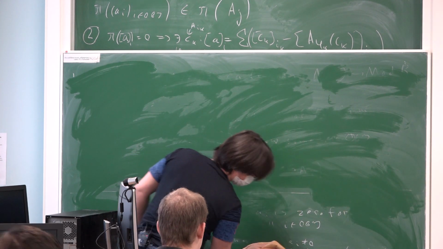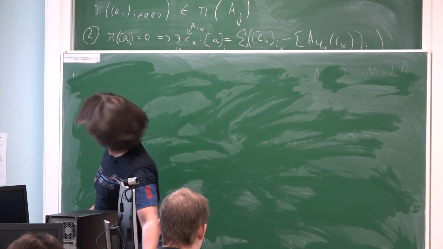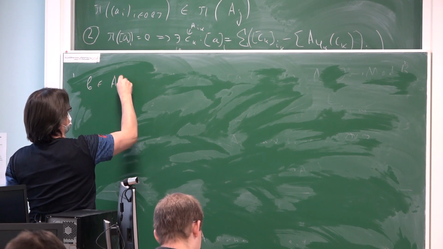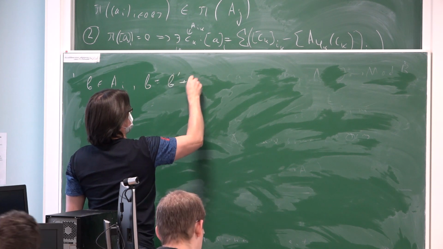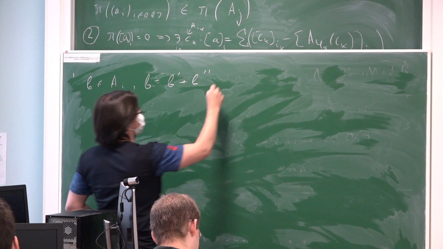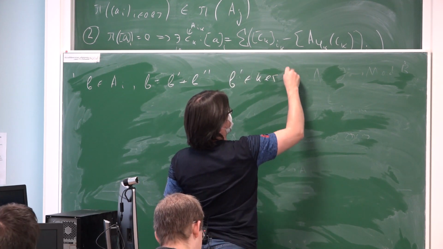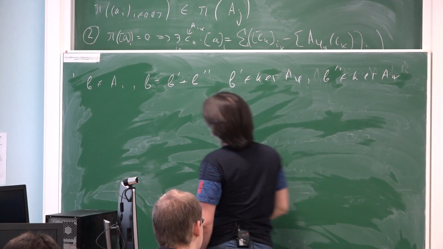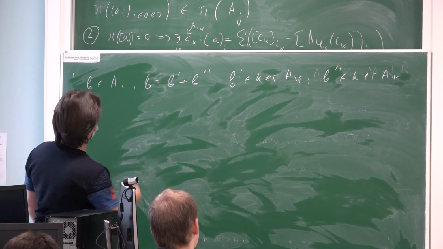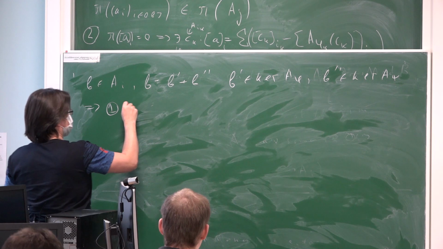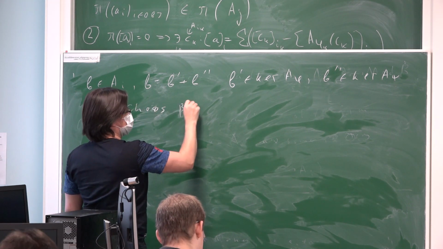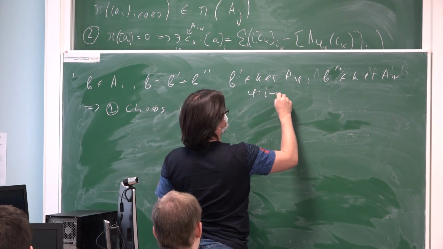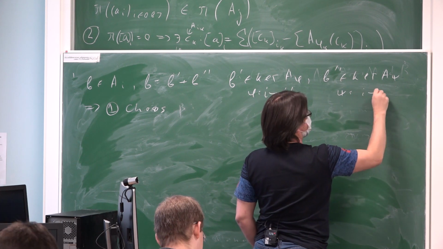One can note that if you have some element b in the component A I, and b equals b prime plus b2 prime, and b prime lies in the kernel of A phi, b2 prime lies in the kernel of A psi, then we first can choose, let phi be from I to j prime, psi be from I to j2 prime.